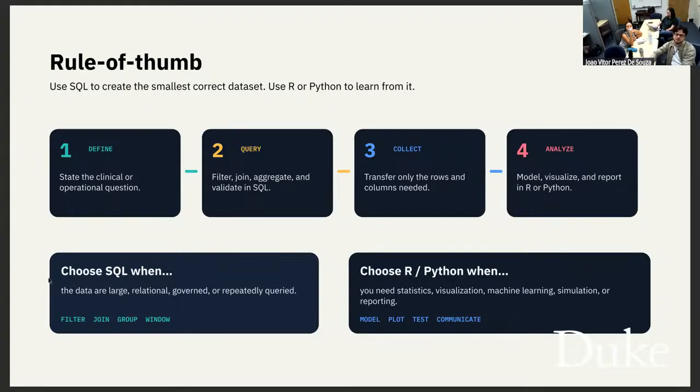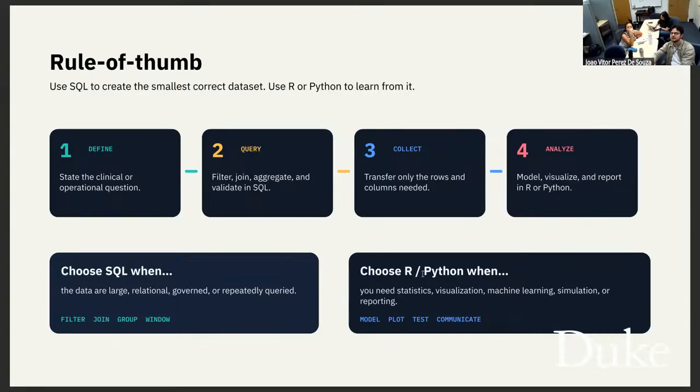And you're going to choose SQL when you have very large data sets, the data is relational, it's governed by some institution, or it's something that's going to be queried every time. So every 10 days, every 50 days, whatever, you need new data coming in. So SQL is a good option for that.